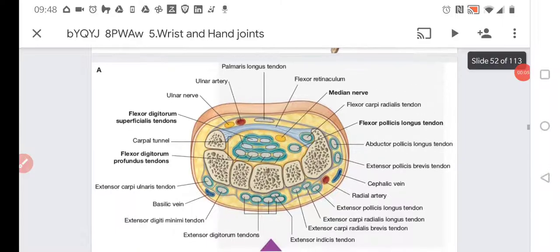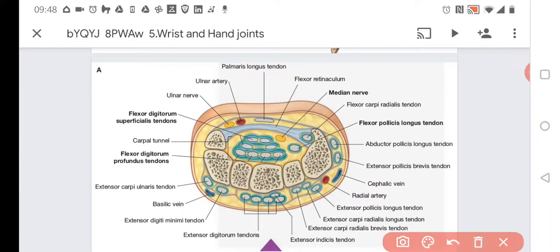So, carpal tunnel is a structure in the area of the wrist that is created by the bones of the wrist and the flexor retinaculum. Connecting those two things creates the carpal tunnel. What is very important is that the bones of the wrist are not in one plane.